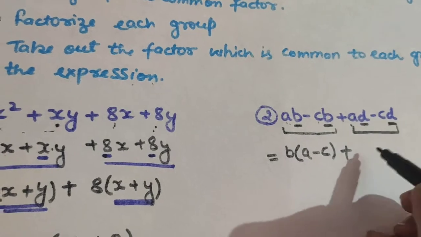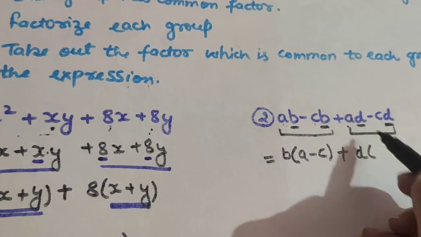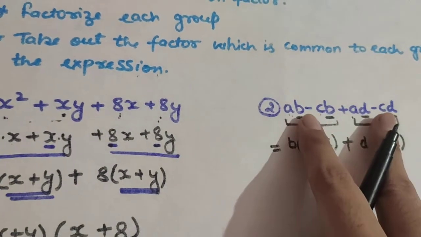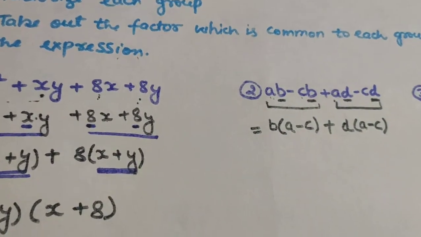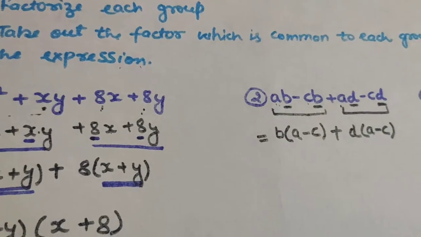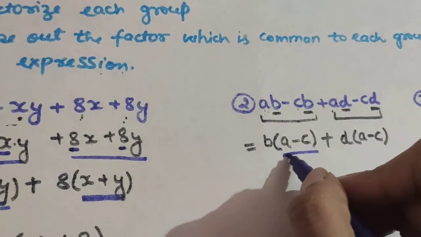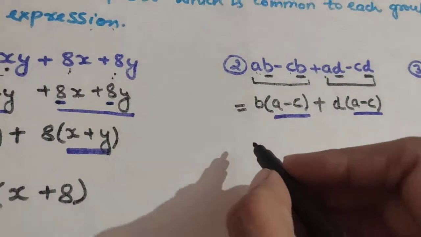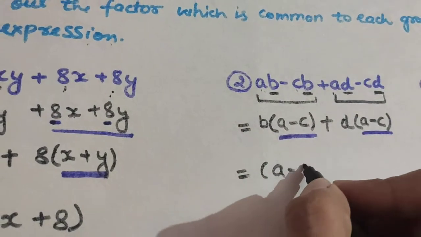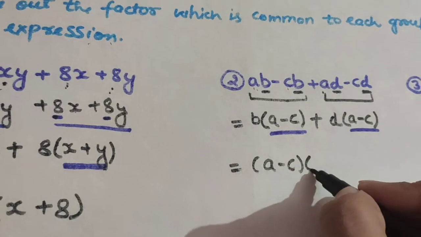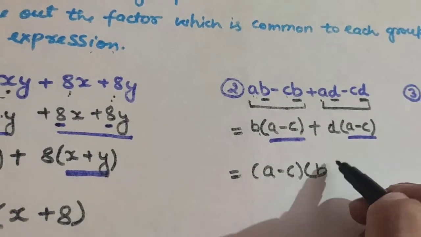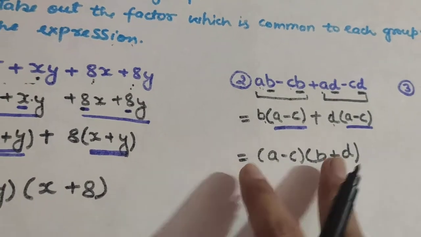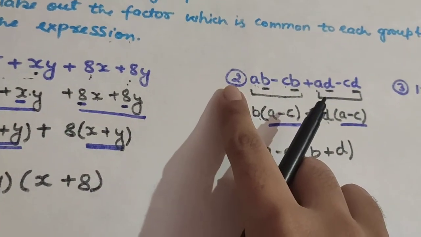D is common. Now A is left here and minus C. So we have done the factorization of both groups. Now take out the common factor. What is common? It's A minus C. So take out A minus C as common and what is left here is B plus D. So this is the factorization of this algebraic expression.